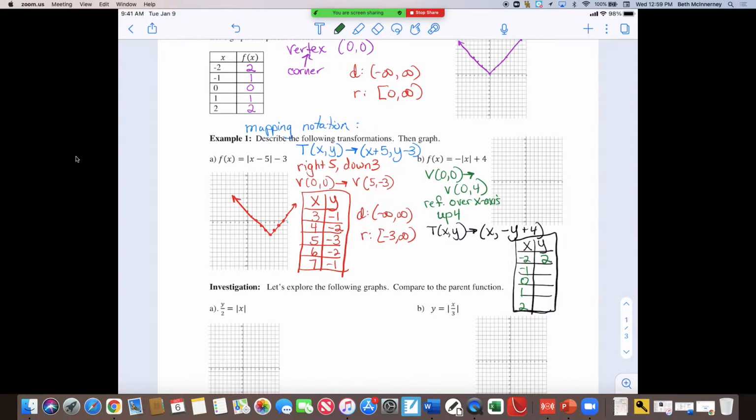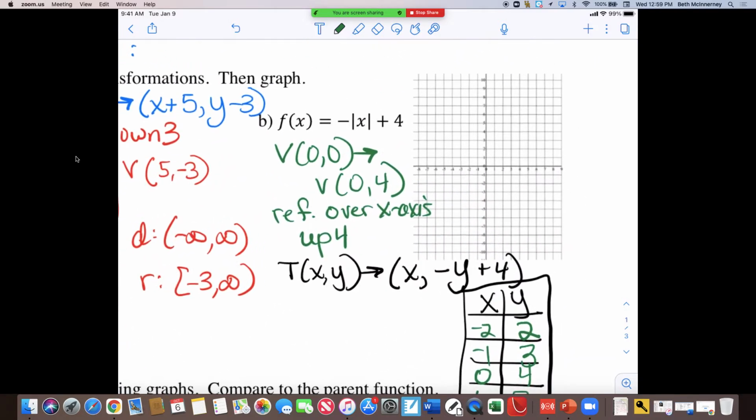So that's 2. The opposite of 1 is -1 plus 4 is 3. The opposite of 0 is 0 plus 4. The opposite of 1 is -1 plus 4 is 3. And the opposite of 2 is -2 plus 4 is 2.